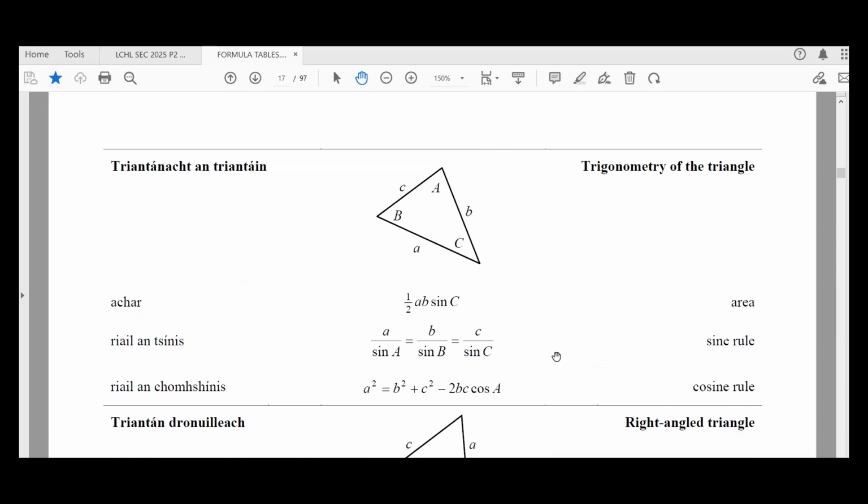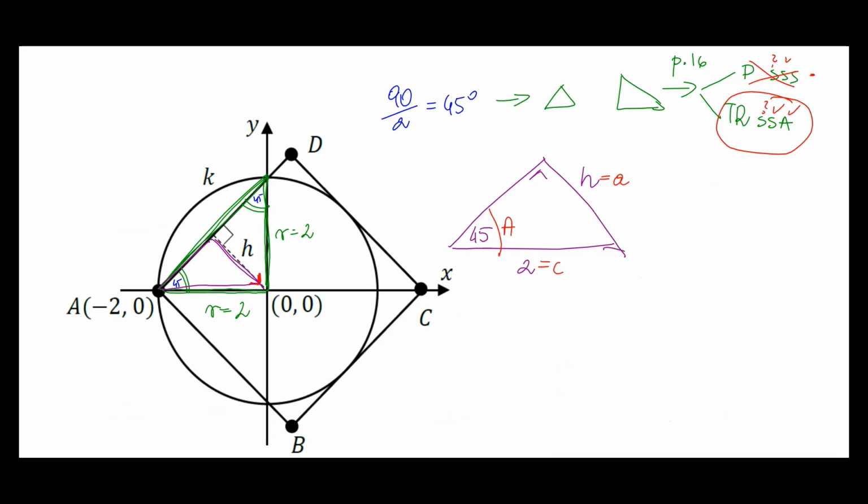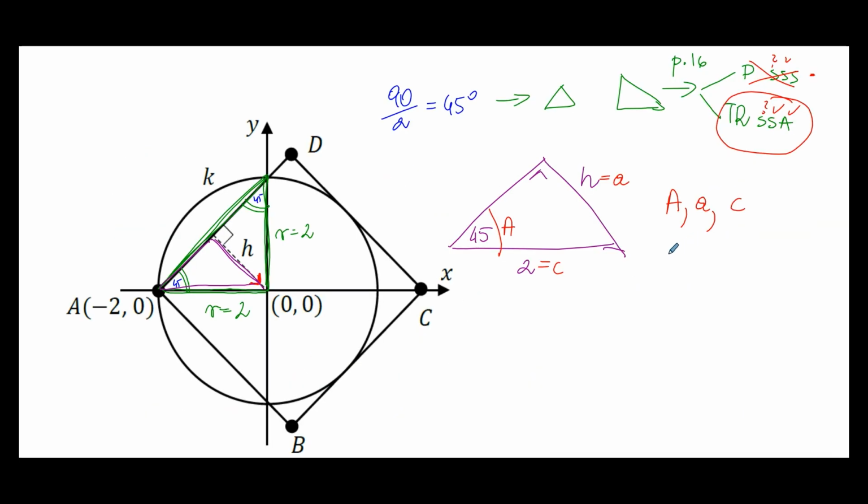You can see this drawing here: angle A, side opposite is a, right angle, side opposite is c. What letters do I have? I have capital A, small a, and small c. So I go to my table and ask which of those three have those letters. You guessed it, well, you observed it, that sin is the one. So sin of angle A equals a over c.